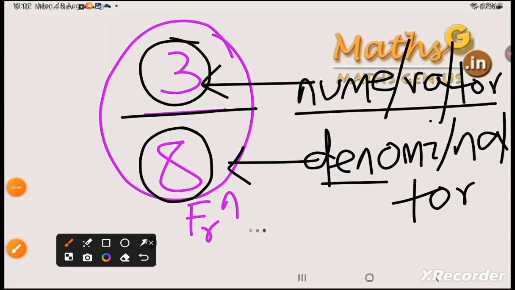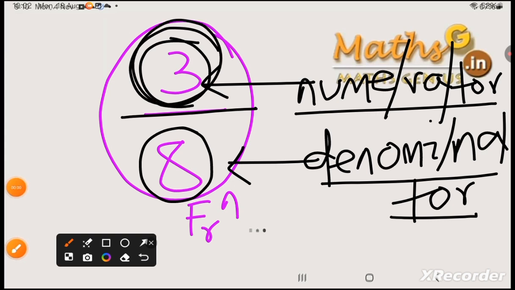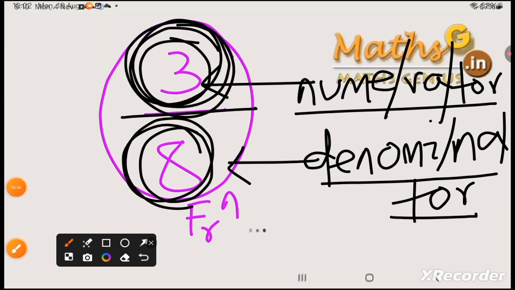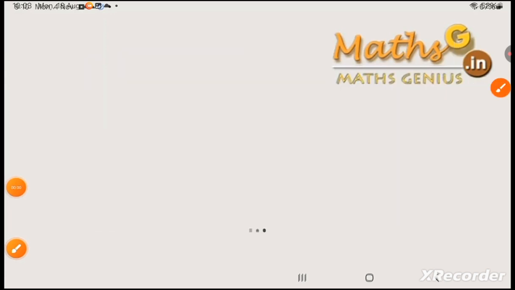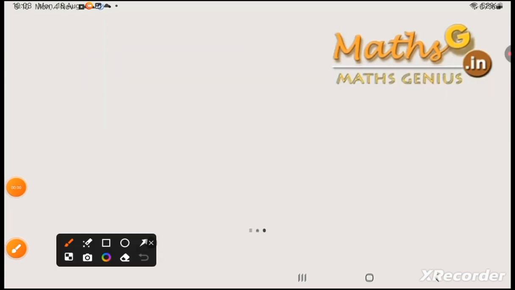Numerator, denominator. Mathematically we can write them as n and d. So whenever we are talking of a fraction, it consists of the numerator and the denominator.